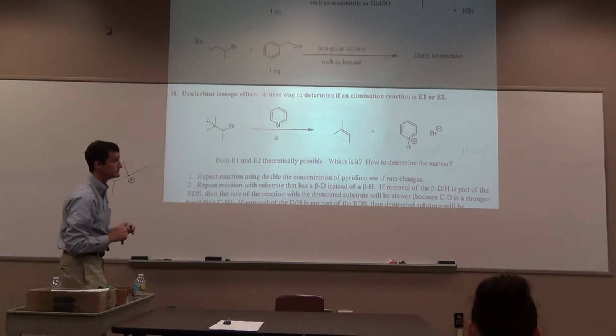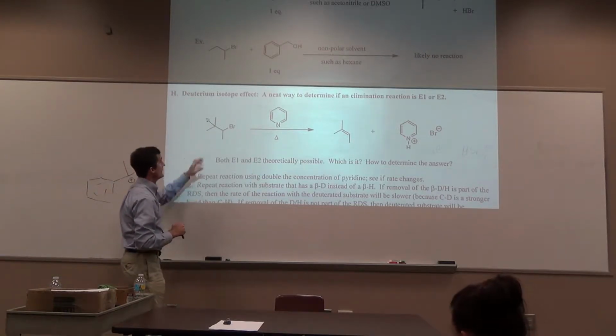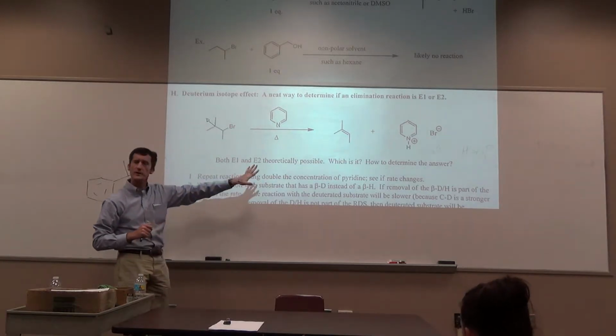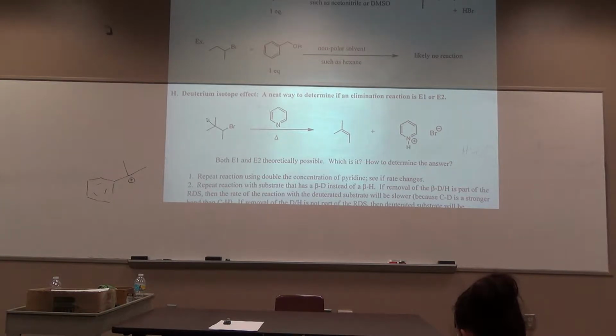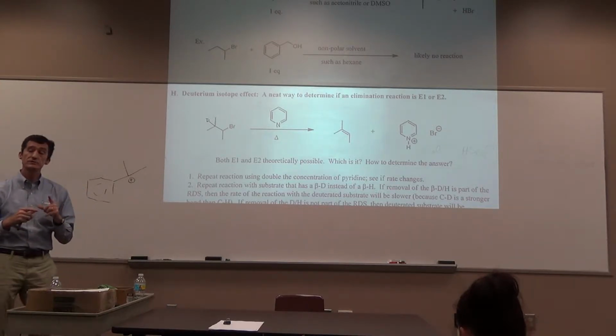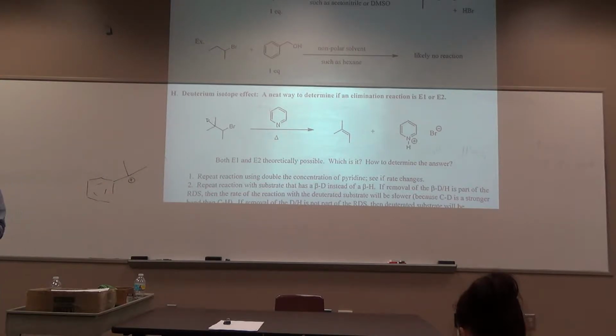Now, before you read on, let me ask you this. In which mechanism, E1 or E2, is the beta hydrogen abstracted in the rate determining step? What is the rate determining step of E1?